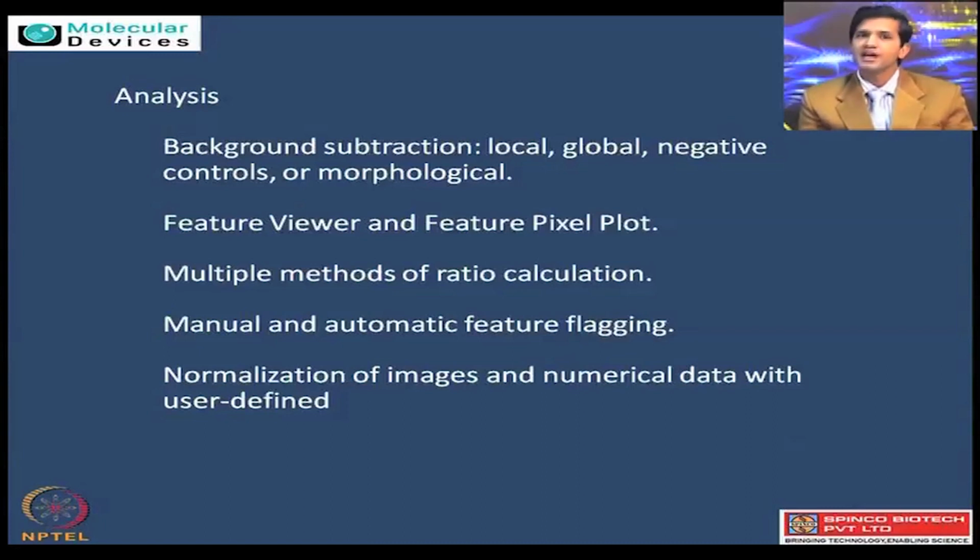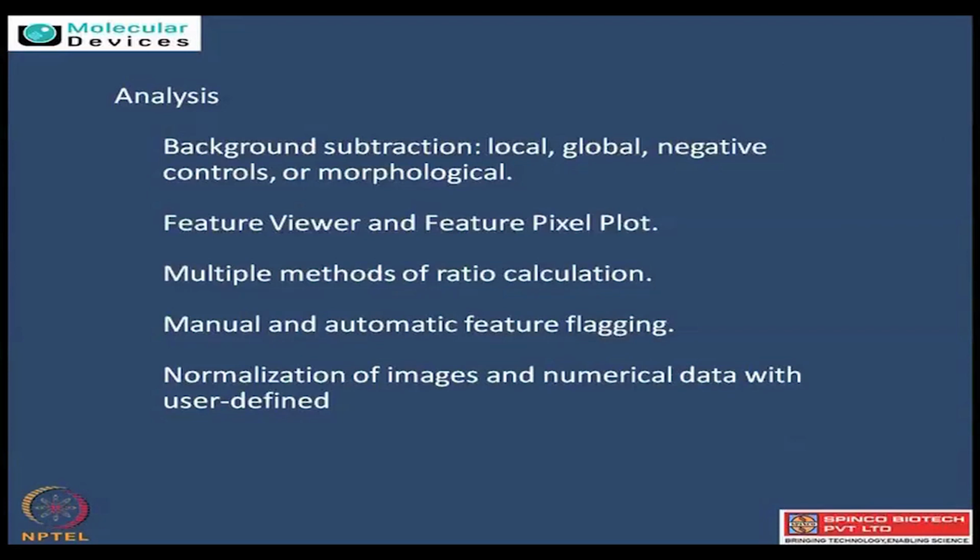Apart from that, you have background subtraction so that you get a true signal. GenePix Pro helps with background subtraction in different formats, and also with normalization of the features. The background subtraction can be done in the form of local, global, and negative or morphological control.